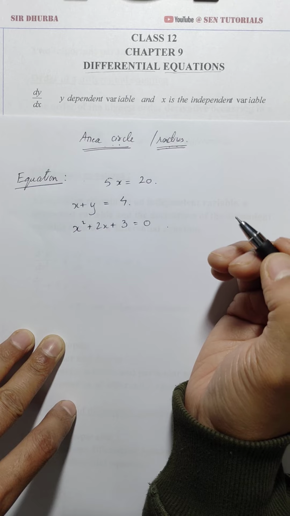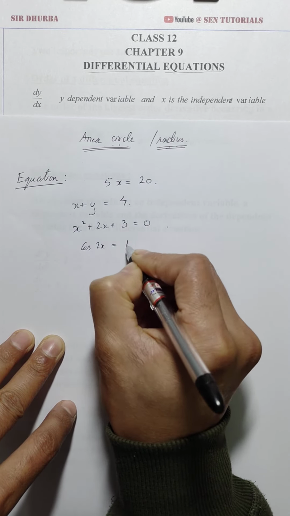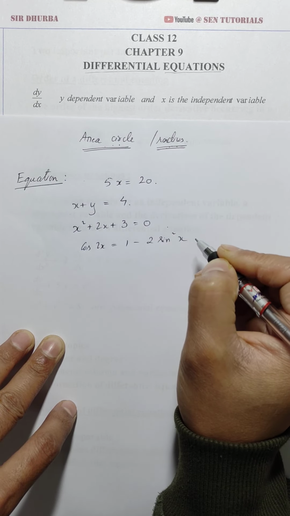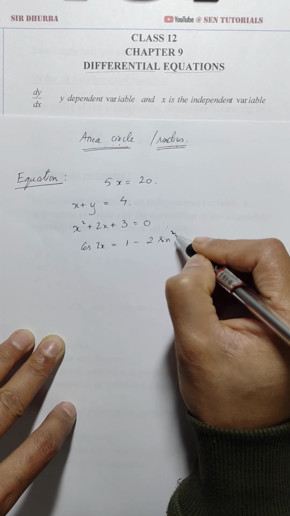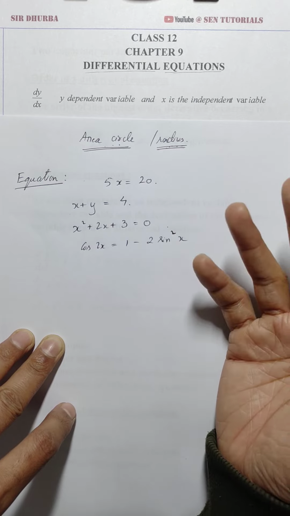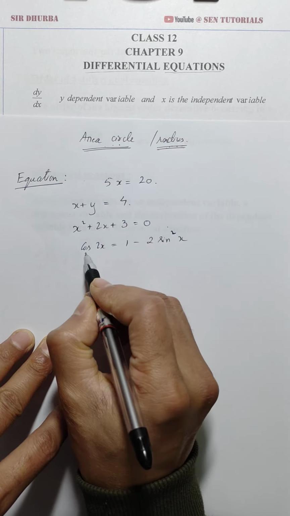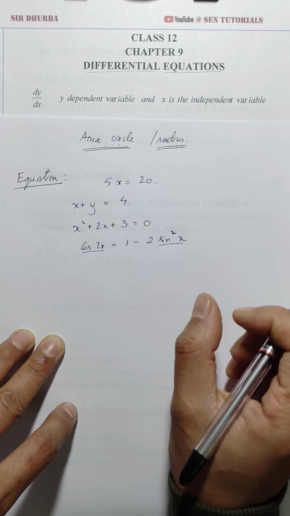Then in class 11, if you remember, we have come across trigonometric equations like cos of 2x is equal to 1 minus 2 sine square x, and inverse trigonometric equations, logarithmic equations. Those were all equations as per the name, trigonometric equations which consist of trigonometric functions.